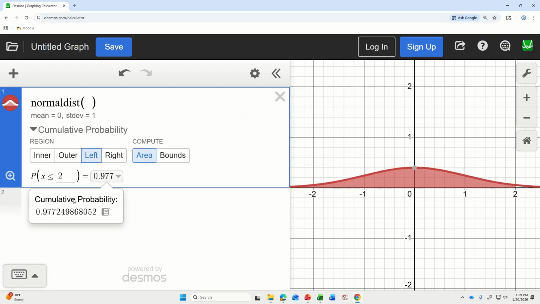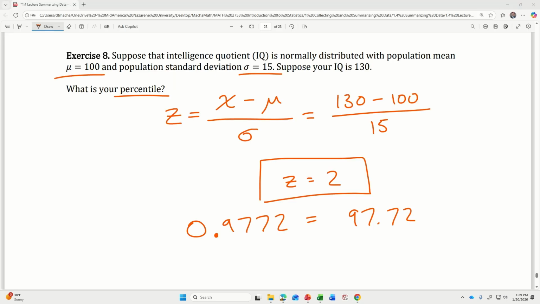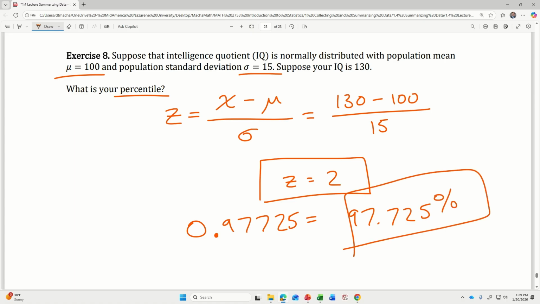And so maybe what I should write is 97725. What if we did add the 4, or I guess the 5? We wouldn't be able to dock points. I don't know. I'm pretty cool when I grade tests. I probably wouldn't take off any points for that if you're off by 1 sig fig. Okay.